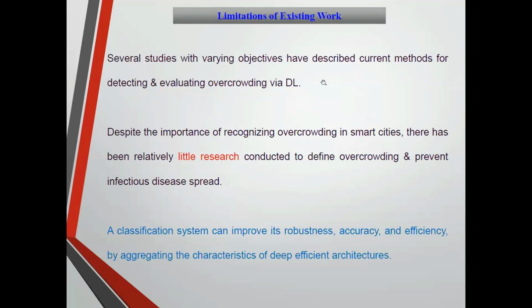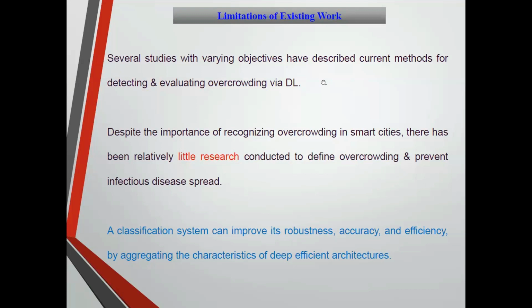Several studies with varying objectives have described the current methods for detecting and evaluating overcrowding by deep learning schemes. Despite the importance of recognizing overcrowding in smart cities, there has been relatively little research conducted to define overcrowding and prevent infectious disease spread.